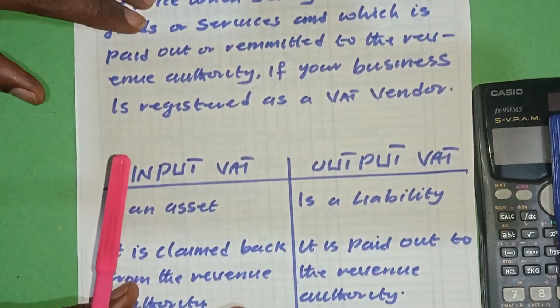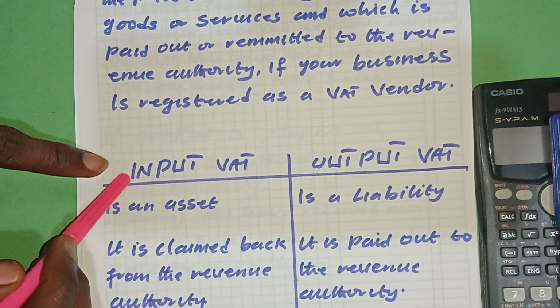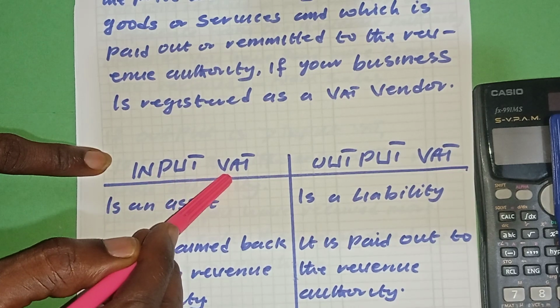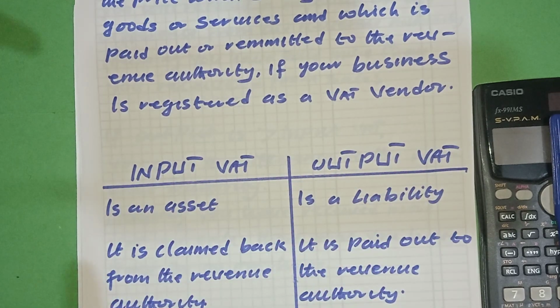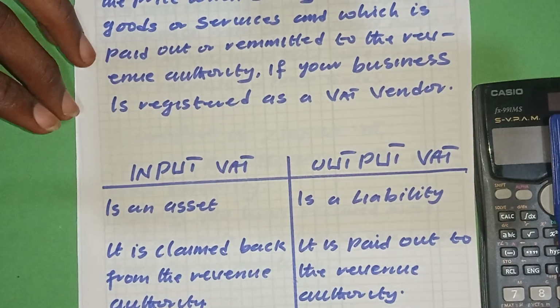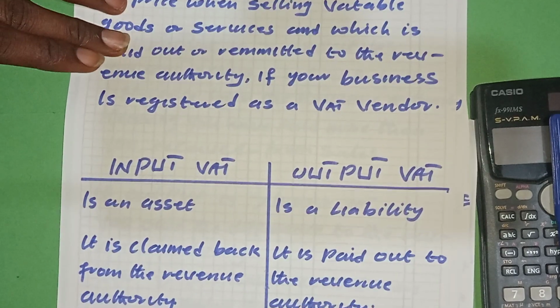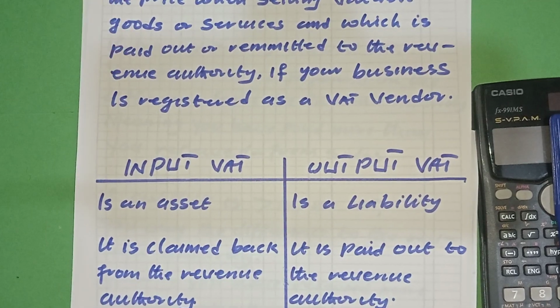Now, check out this. Input VAT and output VAT. I want to check the difference. Now see, input VAT is an asset. Do you know why? Because you are buying with the tax element inside.